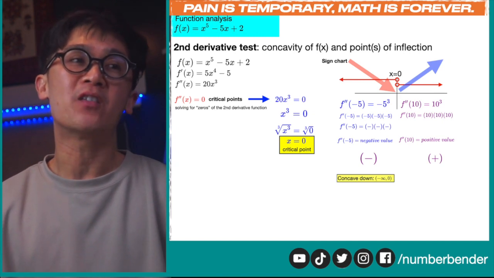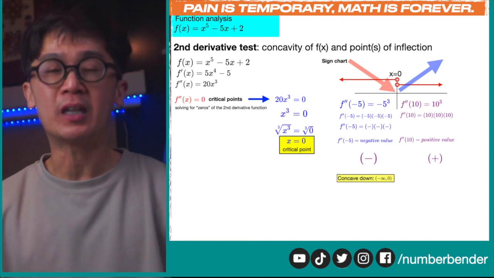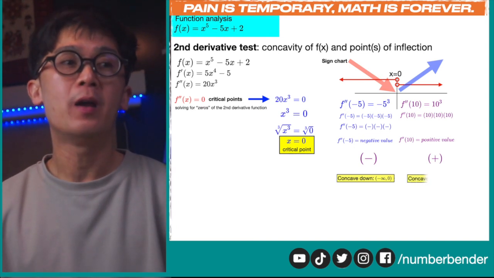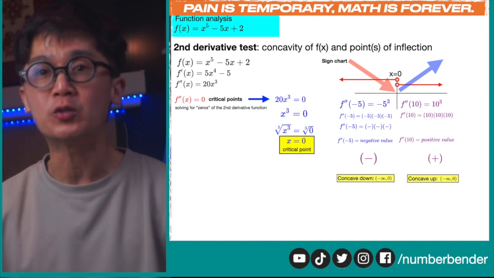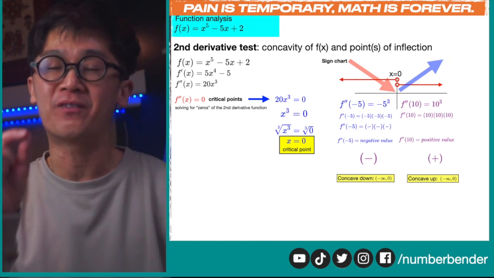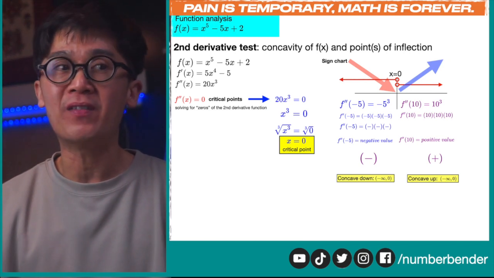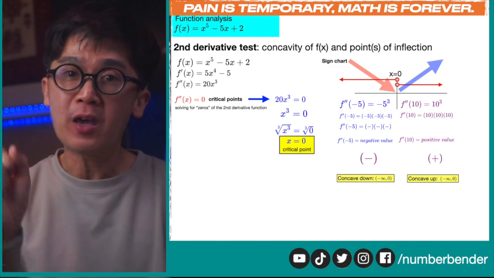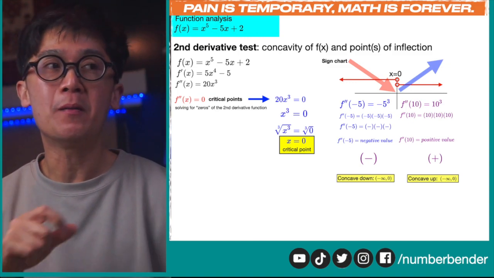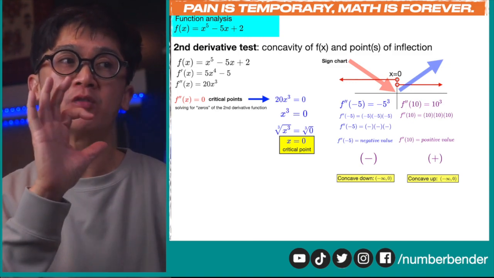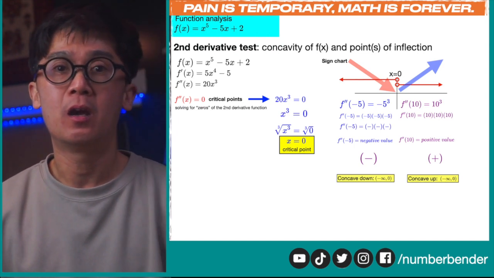And now we can say that the function is concave up between 0 and positive infinity, or anything that is greater than 0. And the POI also exists at x is equal to 0. And if you want to find out the value of that particular point of inflection of our graph, all you need to do is to plug in the value of that critical number, which is 0, to the original function, not the derivative function, but to f of x, which is x to the fifth minus 5x plus 2, and you will find the actual point of inflection of your graph.